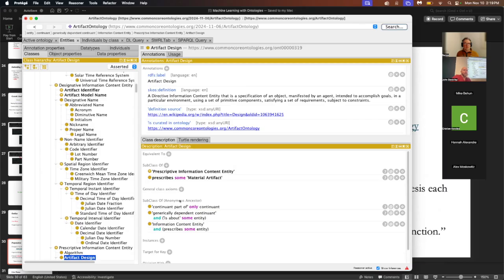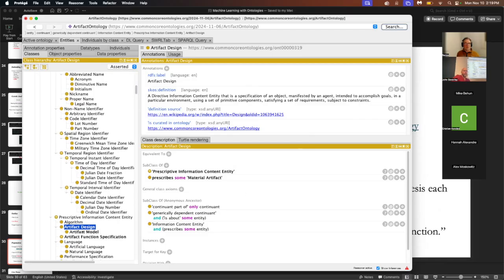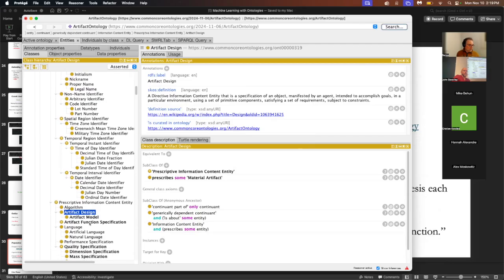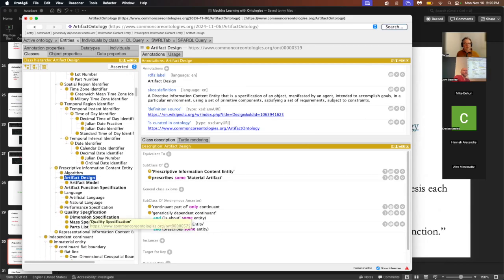Specifications of objects, these artifact designs are manifest by some agent intended to accomplish goals, satisfy requirements subject to constraints. These are the sorts of things that we're supposed to be linking up to what's being designed, so there's supposed to be a connection between them. You have models that fall under here, and you have different types of specification.